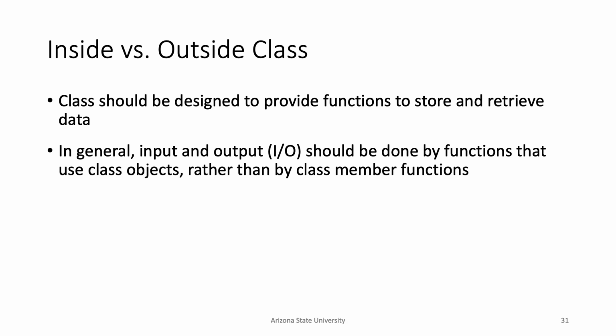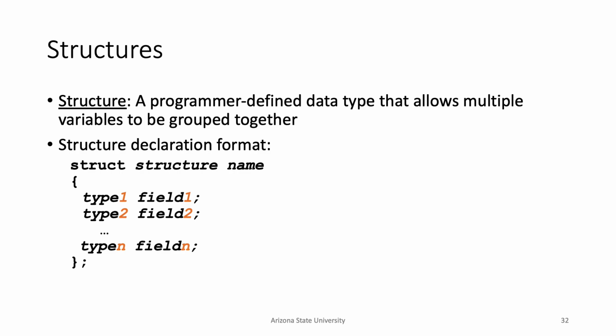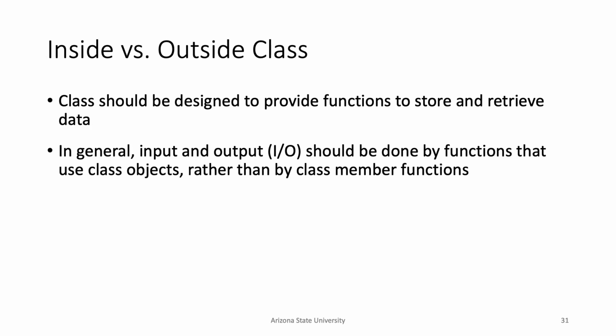That's what the header file is for, to show the user what we're defining in the class, and the CPP file is to specify, hey, this is what the functions actually do in the class. But any questions on classes in general?